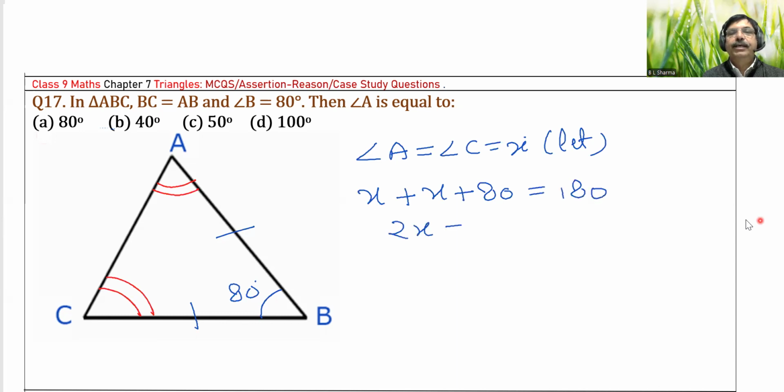So twice of x is equal to 100 degree. X is equal to 50 degree. Angle A is equal to x, it means angle A is equal to 50 degree. And C is also 50 degree, but we need angle A. So angle A is equal to 50 degrees. So C is the correct option.